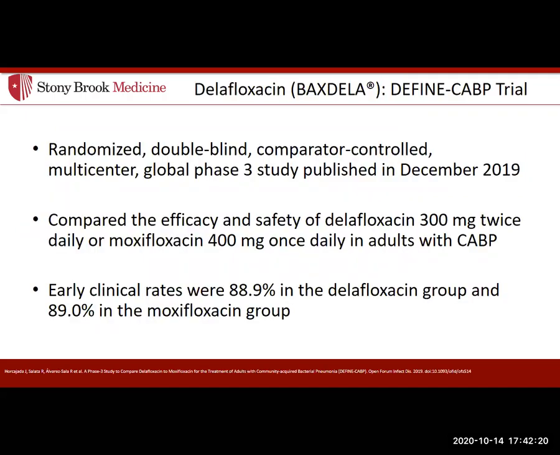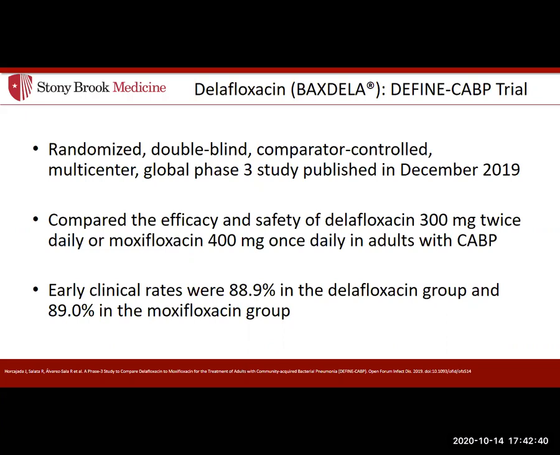The DEFINE CABP trial was a phase 3 trial conducted to assess early clinical rates of delafloxacin. Patients were randomized 1-to-1 to either delafloxacin or moxifloxacin. Patients were able to switch to oral therapy after a minimum of 6 IV doses.